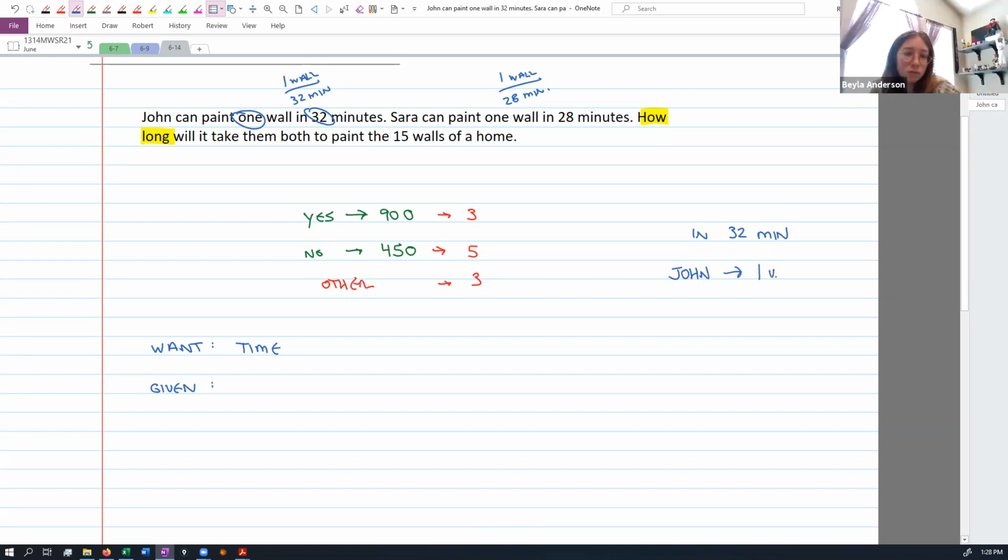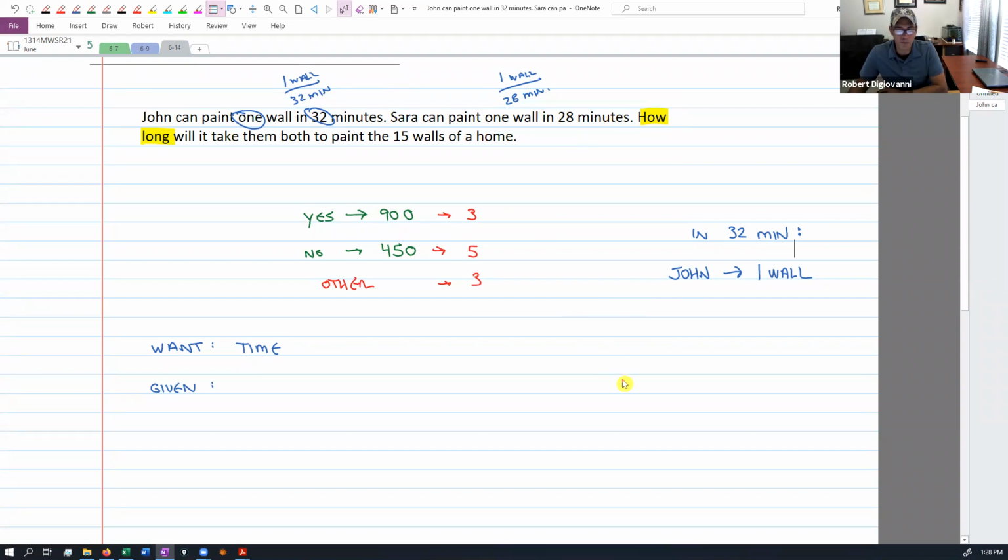In 32 minutes, John has done one wall. But how about Sarah? Has she finished a wall? Yes, but she's already started on another one, hasn't she? Because it only takes her 28 minutes to do a wall.